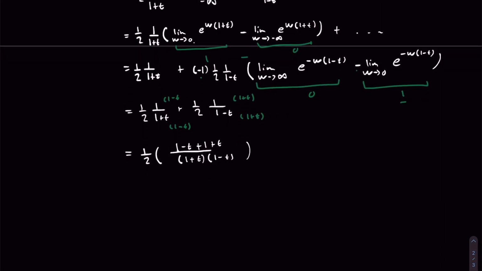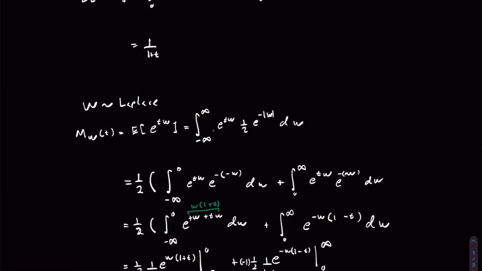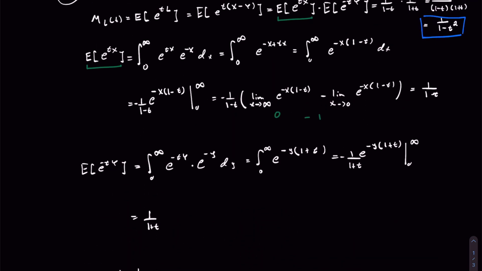All right, so now the t's here cancel. 1 plus 1, that's 2, going to cancel with this half here. And this thing ends up being exactly the calculation we did here.